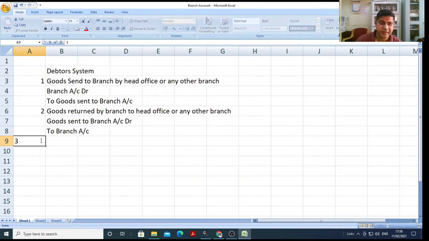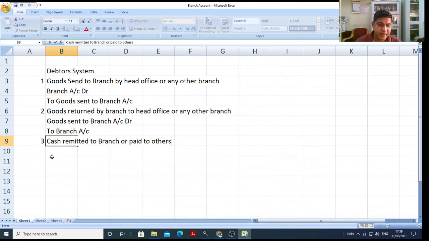Now the third entry that we are going to discuss: cash remitted to branch or paid to others. Cash remitted means cash payment to branch or cash paid to others.